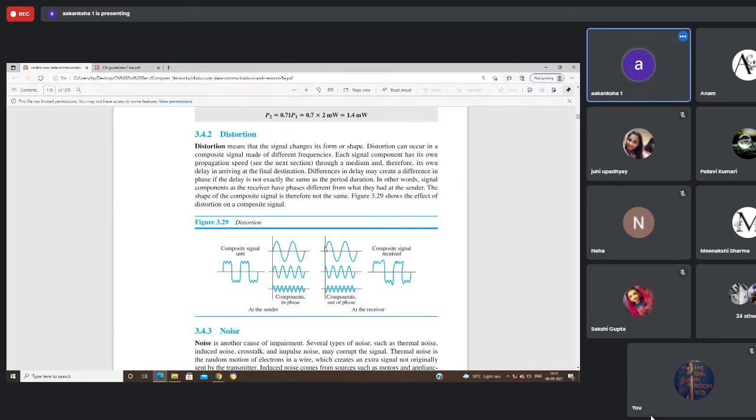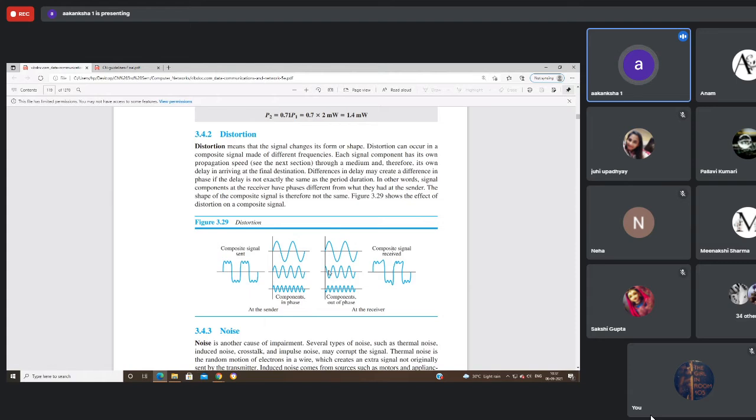Out of phase means, see here, this sine wave is starting and it is in phase, but this was starting its cycle at this point, and here when it was received by the receiver, this point is received when this point of the first signal was received. And you can see there was a positive cycle when the sender sent this third, smaller component, but at the receiver side it received the negative component of the third, smallest sine wave.